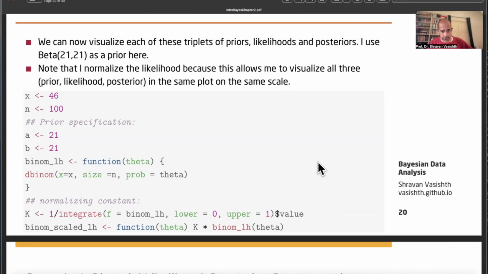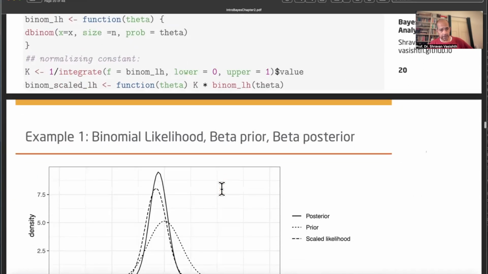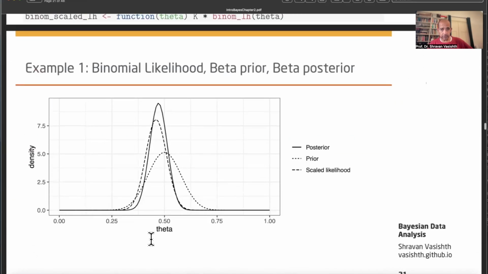So this code, you can look at this code later on, but basically I'll show you the results first. Okay, so what I'm doing is showing you one particular prior, right? And the observed data, which is represented by the likelihood, is this broken line here with these long lines.